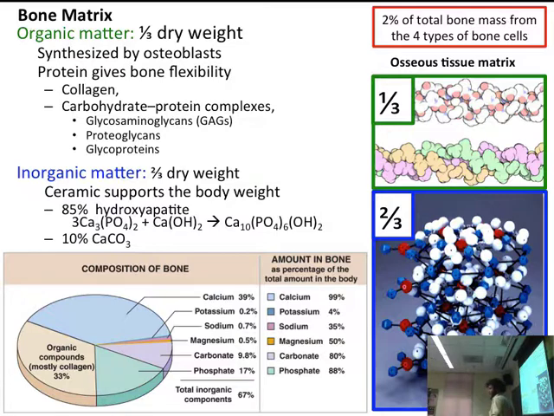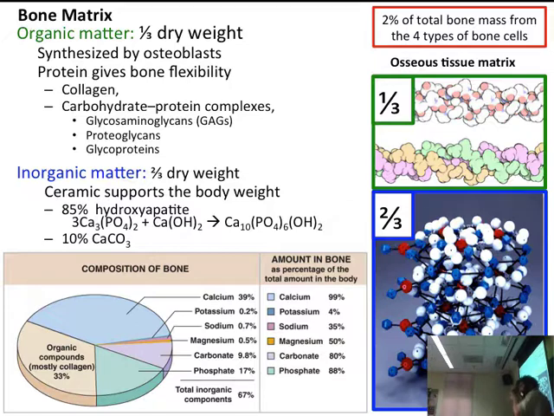It's inorganic, meaning most of it, 85% of it, is this hydroxyapatite, this combination of calcium and phosphate into this complex structure. It's an inorganic ceramic that is invested with these proteins that give it the flexibility.